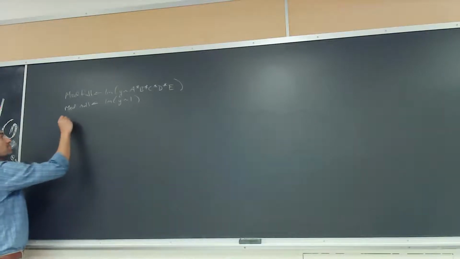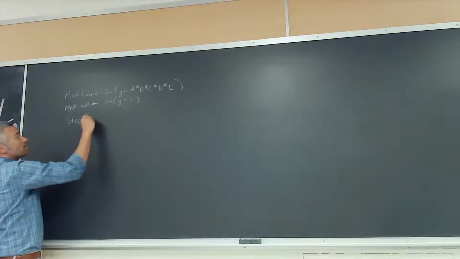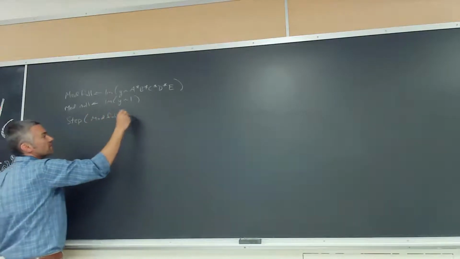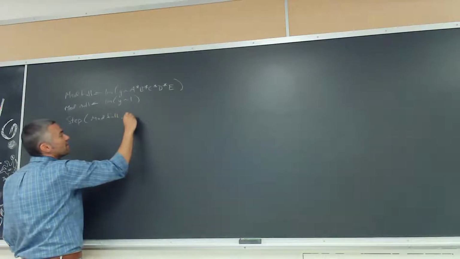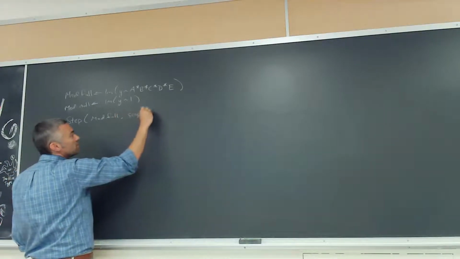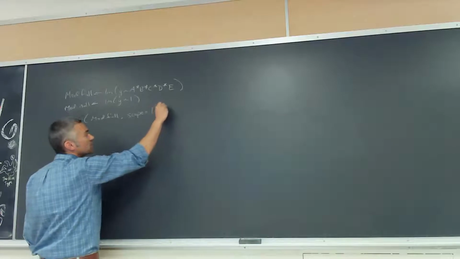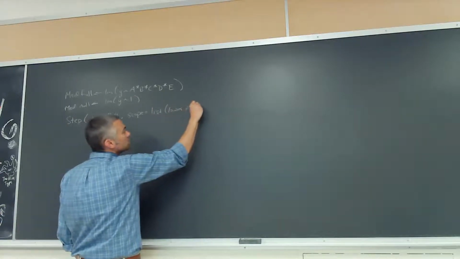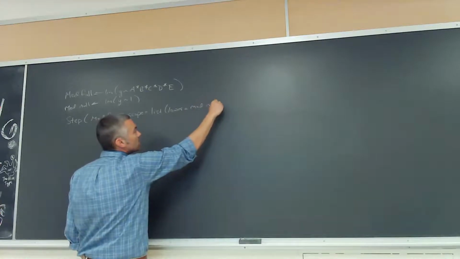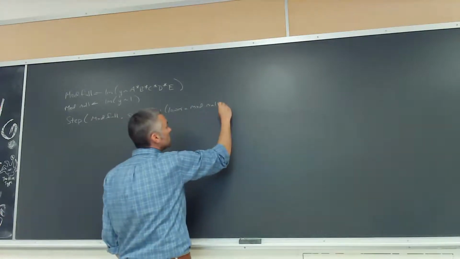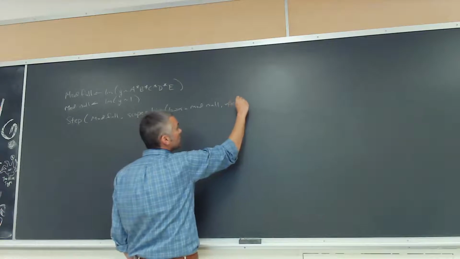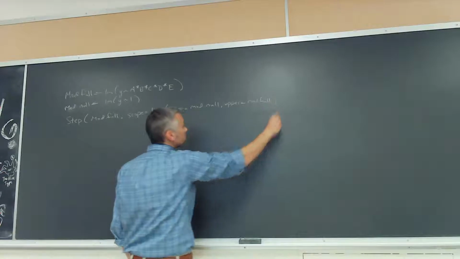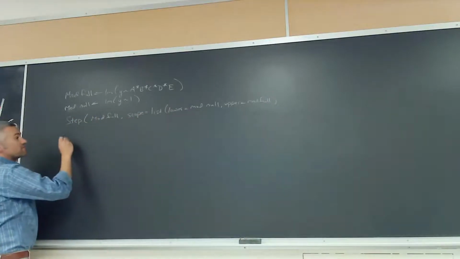Now I'm going step, taking a full model, and our scope. I'm gonna write the scope out once. It's going to be bounded by our null model, and our upper is our full model. And then we're going to invoke the step function.